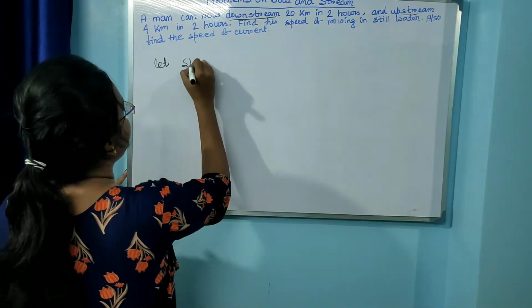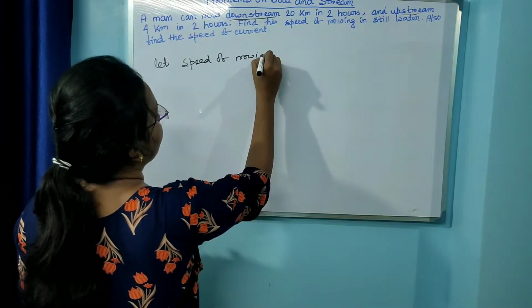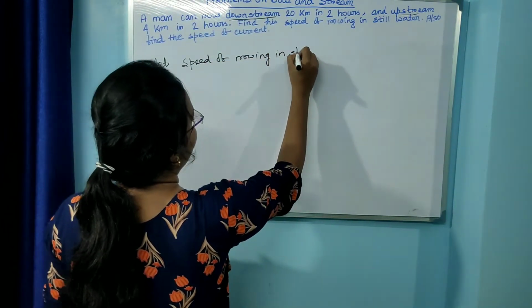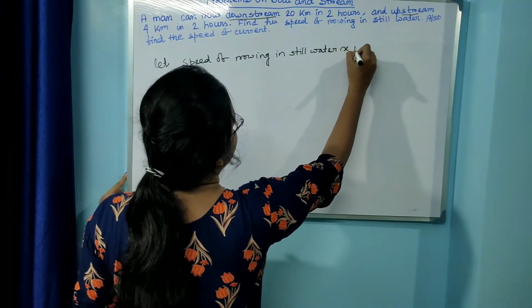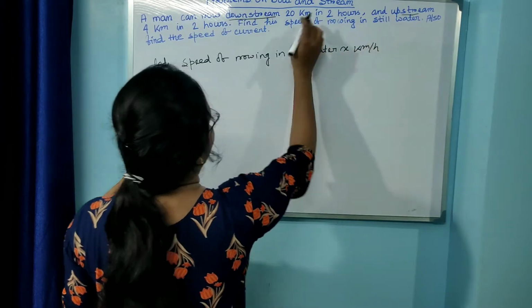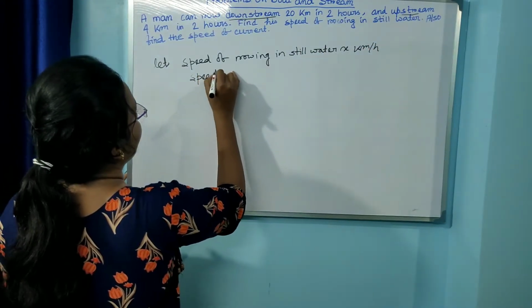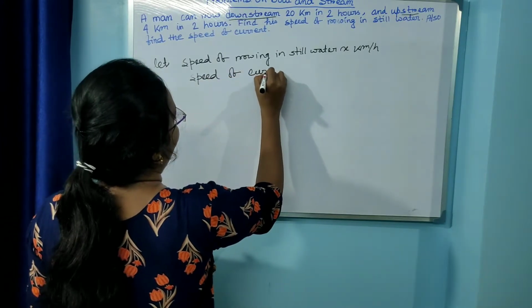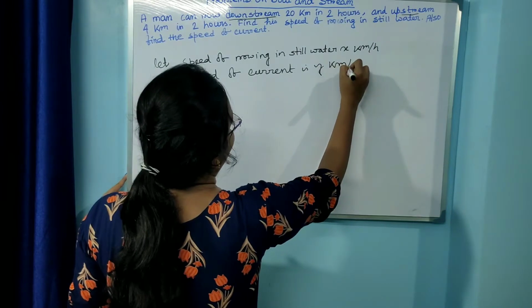Let the speed of rowing in still water be x km per hour. Here it is km per hour, so we take km per hour. Speed of current is y km per hour.